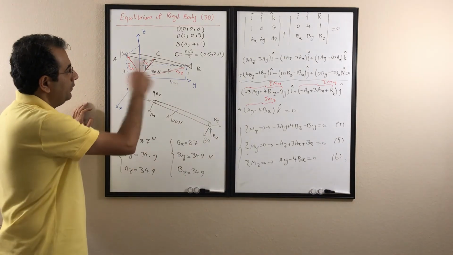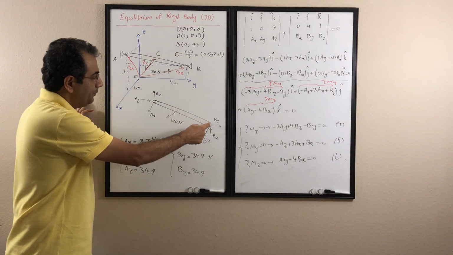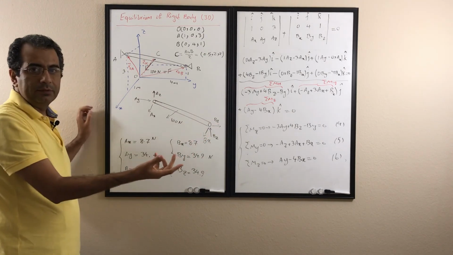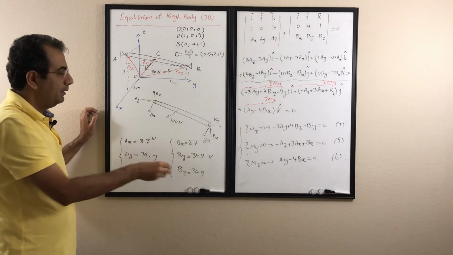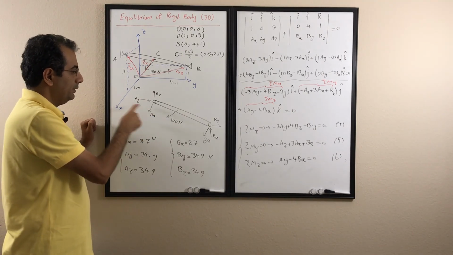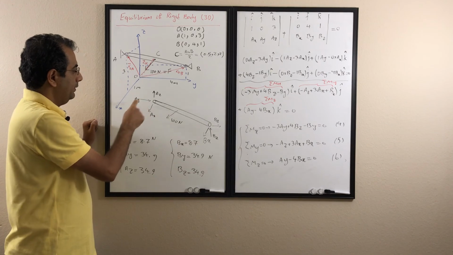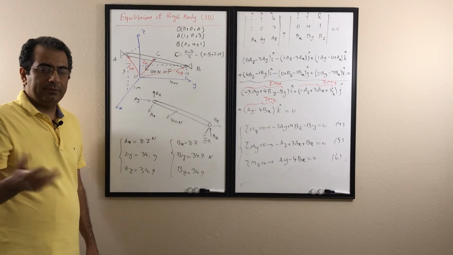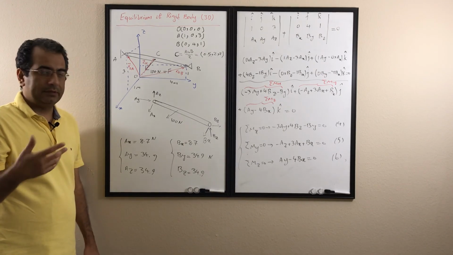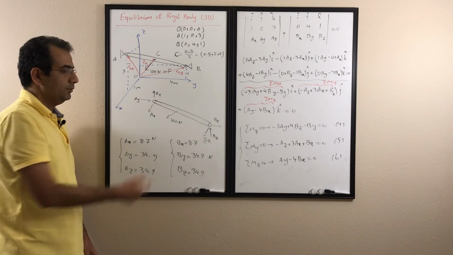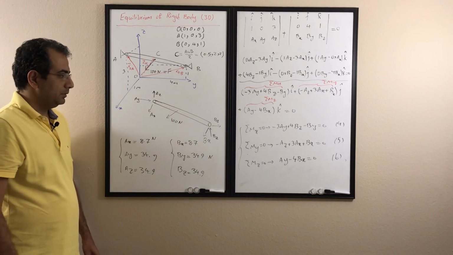The same if I write the moment about point B: the moments of these 3 forces will be eliminated because all of them go through that point, and the only unknown forces left in the moment about point B are Ax, Ay, and Az. So again, I have 3 equations, Mx is 0, My is 0, Mz is 0, and I have 3 unknowns, so I could have solved these 3 directly from that equation.